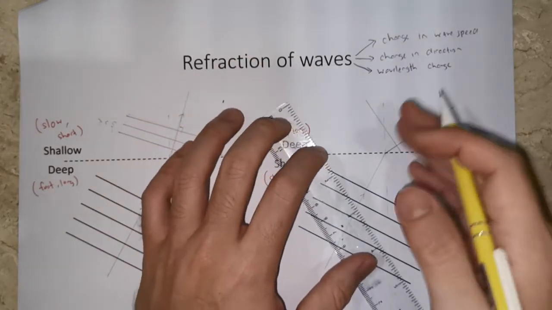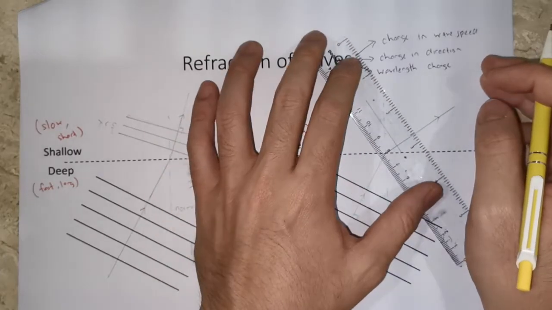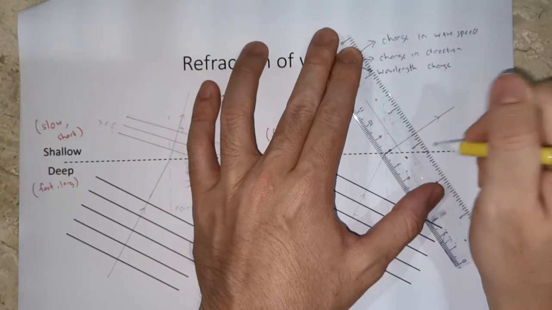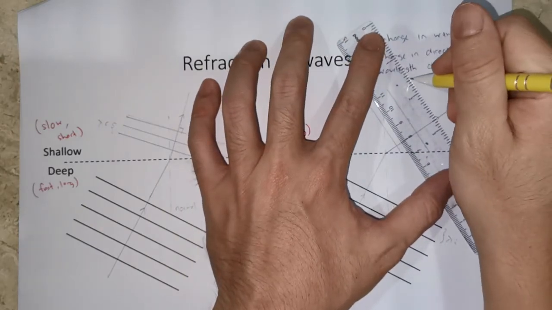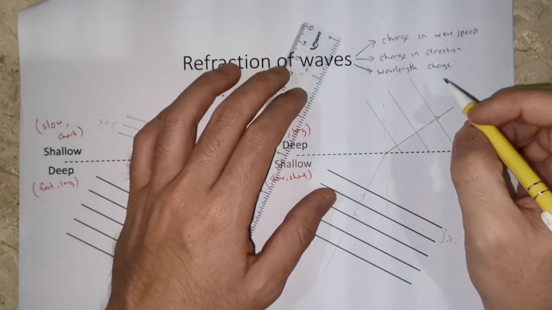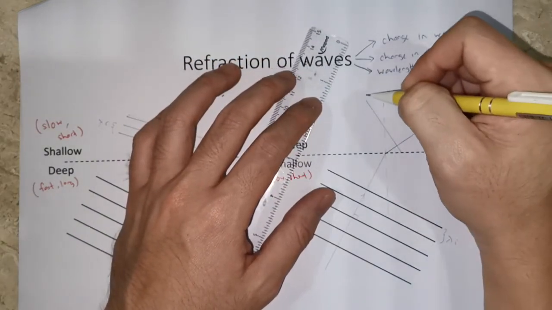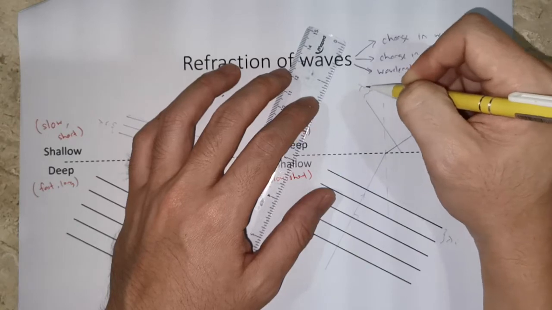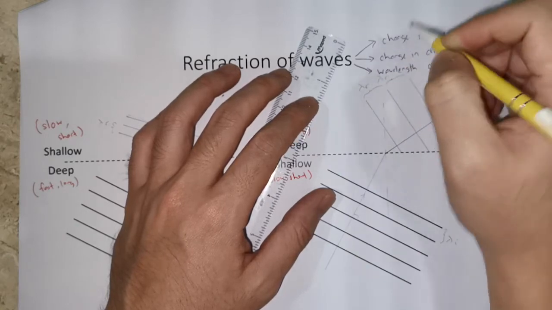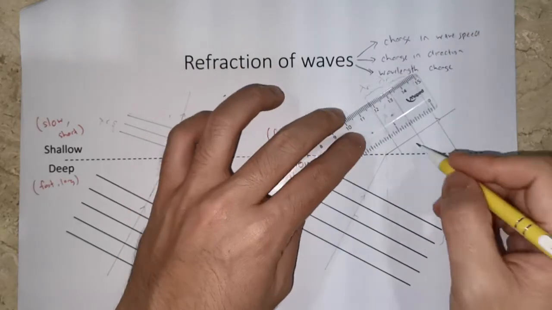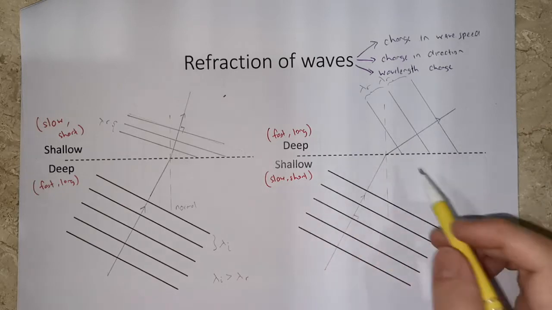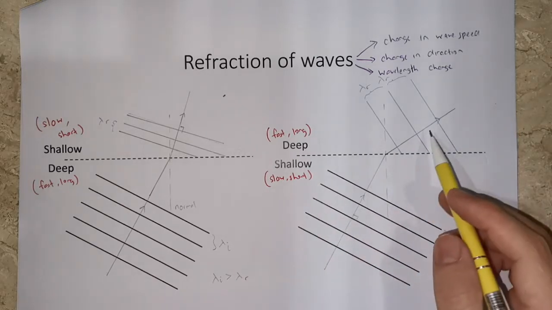What I need to make sure is that the refracted wavelength is larger. So I'll draw something that looks like this, and the next one looking something like this. You should try to make sure that these two are roughly the same. It's better if you actually measure it, but by eye it looks approximately the same.